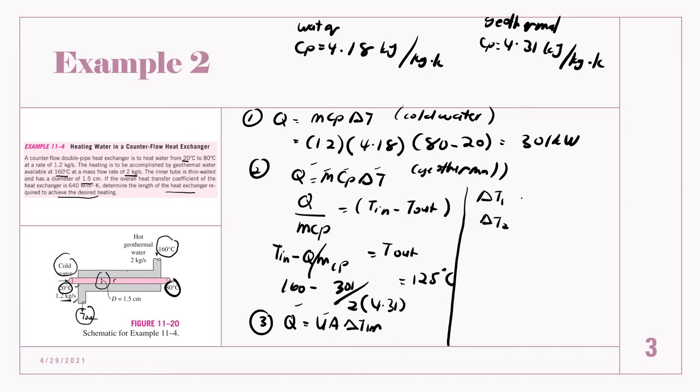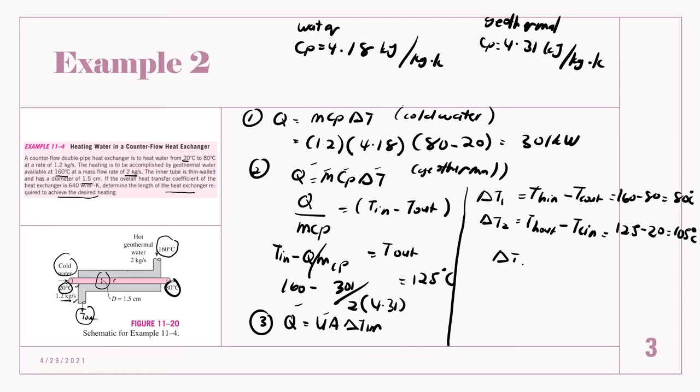So this one is counter flow. So T H in minus T C out. Here T H out minus T C in. So 160 minus 80 becomes 80 degrees Celsius. This one, 125 minus 20, you will have 105 degrees Celsius.